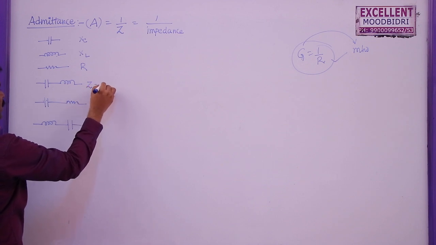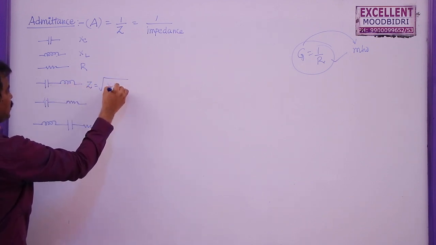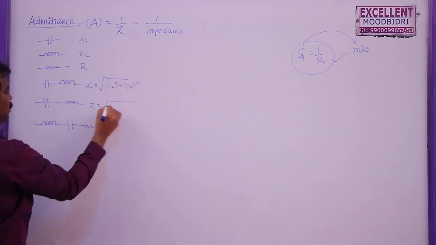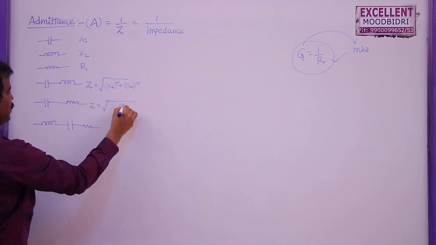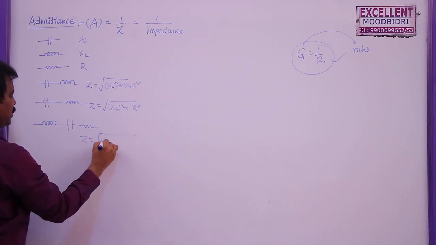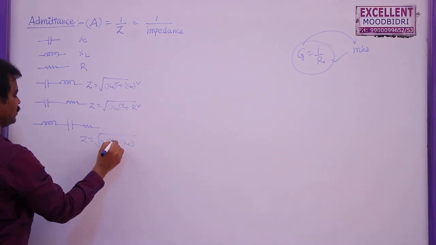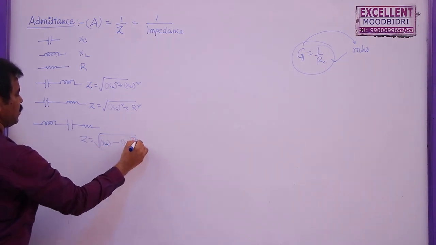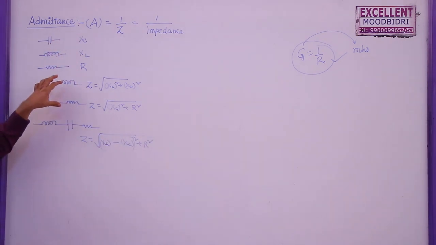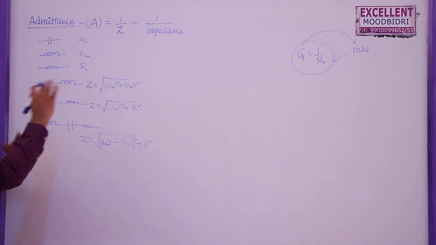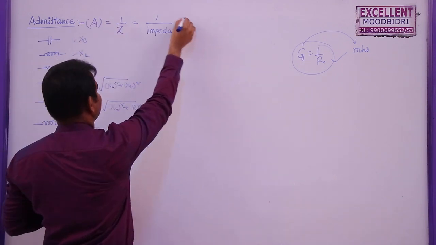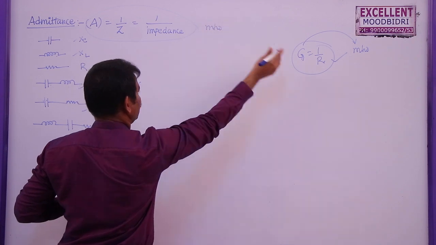Here Z is equal to root over XC square plus R square. Here Z is equal to root over XL square plus R square. Here Z is equal to root over (XL minus XC) whole square plus R square. These are the different oppositions offered by the components of an AC circuit for the flow of AC current. The reciprocal of this one, this one, this one, or even this one is called admittance, and this is also measured in mho only, just like in DC circuits.